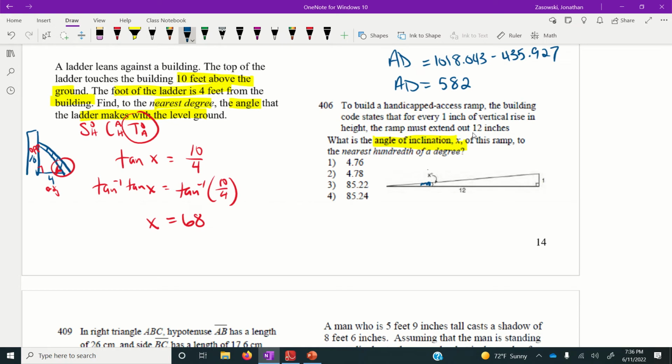So once again, right triangle, we're using an angle, so we're going to use trig. We label the sides. We have opposite and adjacent again, still sticking with tangent. So the tangent of the angle is equal to the opposite 1 over the adjacent 12.